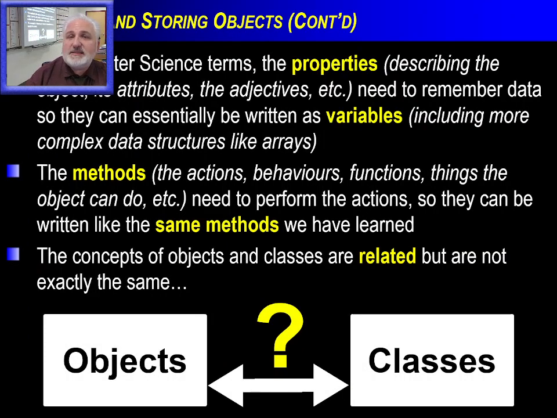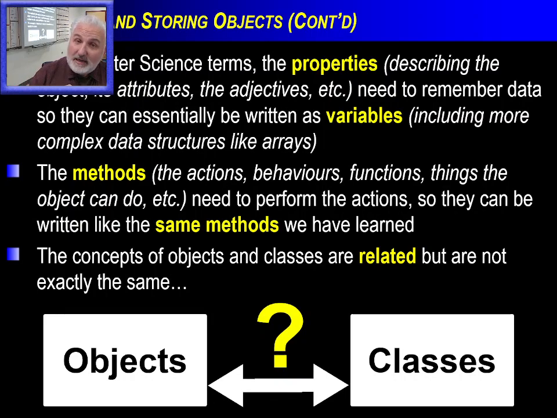The properties, the attributes, the adjectives are essentially written as variable data types, including even more complex types like arrays or even other classes. The methods, the actions, the behaviors, the functions, well, those are written with, as I said, parameters and potentially return types.